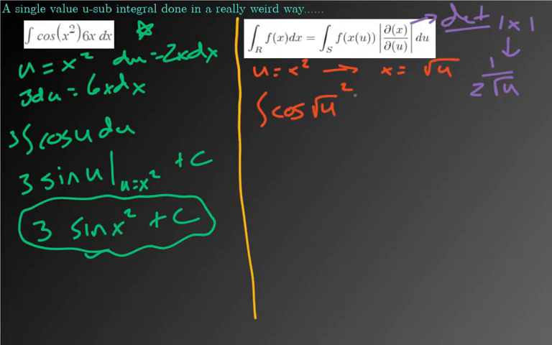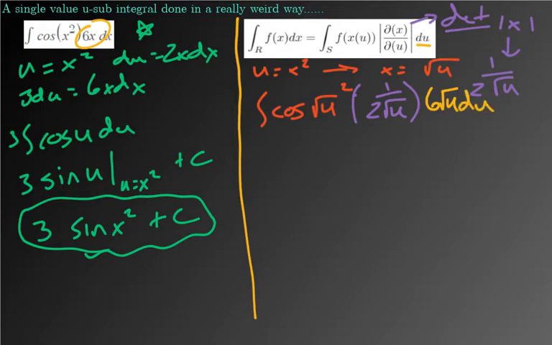And so I'm going to put that in, 1/2 square root of u, and then du. So du is just du, there's nothing really to do with that. But I do still have this 6x I've got to put in, so x is square root of u, and then I'll have a du.